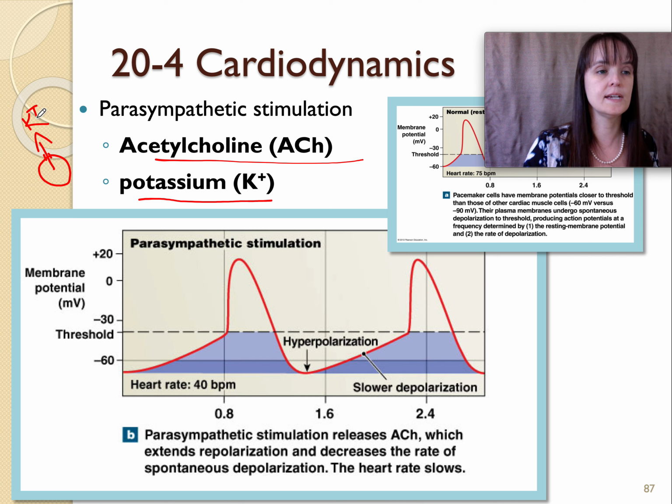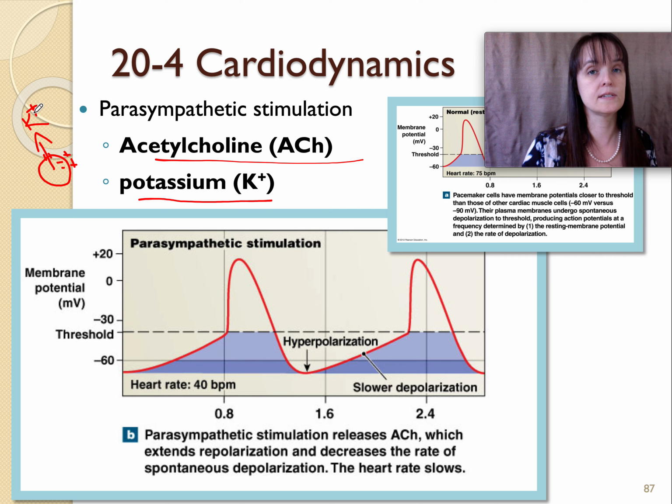So what does that do to the inside of the cell, which is normally negative? It's normally negative and you're losing positive ions, so it's going to hyperpolarize. Here's the distance from threshold normally. It makes it physically further from threshold.